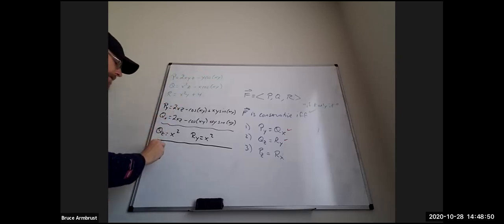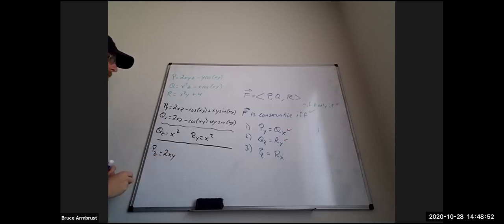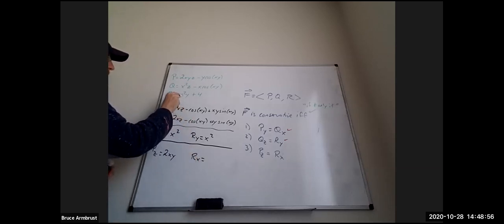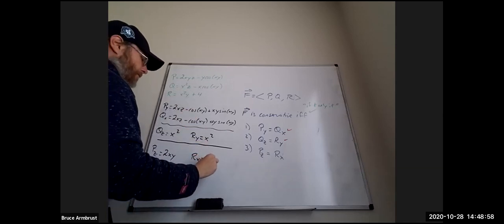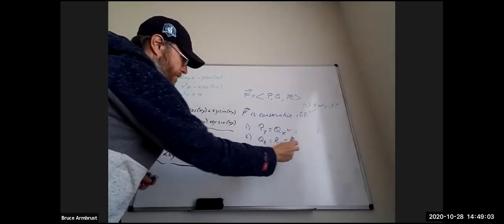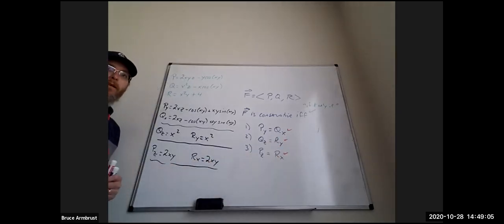Partial of the first one with respect to z is 2xy. Rx, 2xy, and again, the 4 doesn't matter. But check. So all three sets of those partials are equal to each other. That tells me it's conservative, which means, yep, I can go ahead and find its potential function.